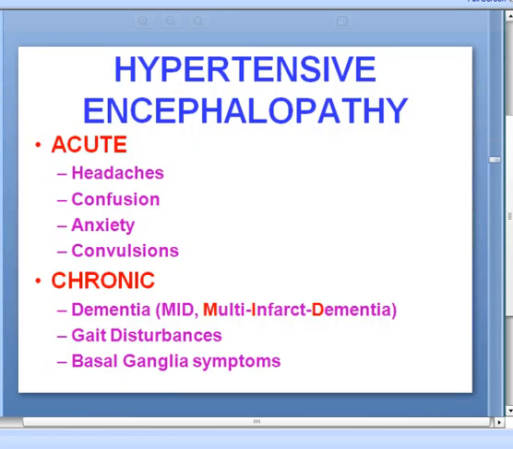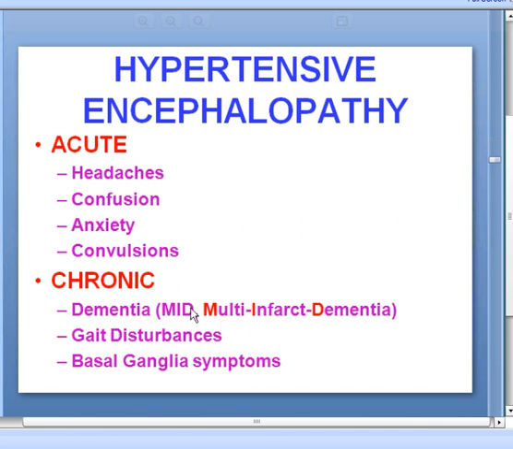What are the clinical symptoms of hypertensive encephalopathy? Well, remember, we told you that because they're in the basal ganglia, you expect some basal ganglia symptoms, perhaps in coordination, gait disturbances. You can expect a type of senility or dementia called multi-infarct dementia, if this was due to multiple infarcts due to hypertensive bleeds.